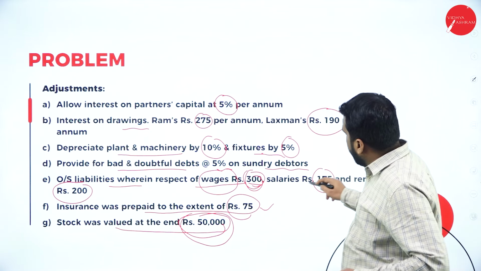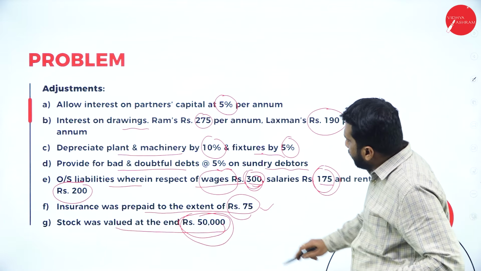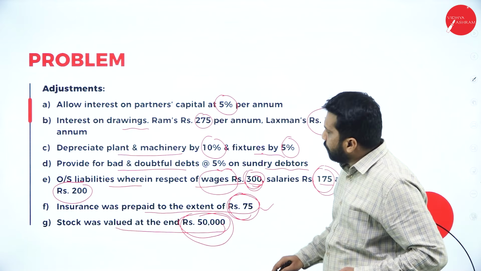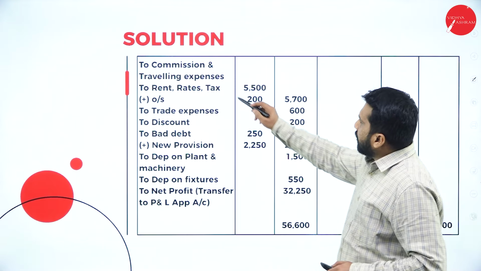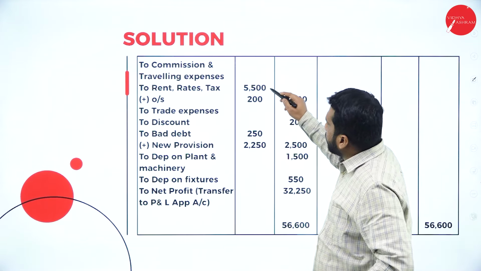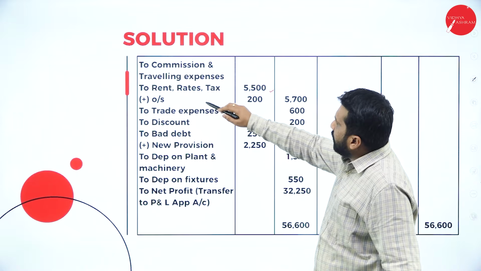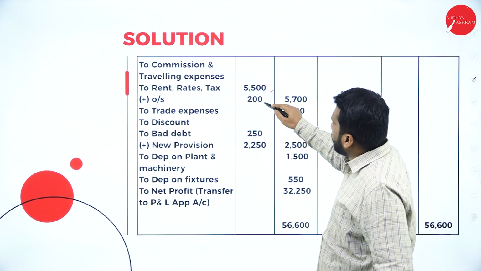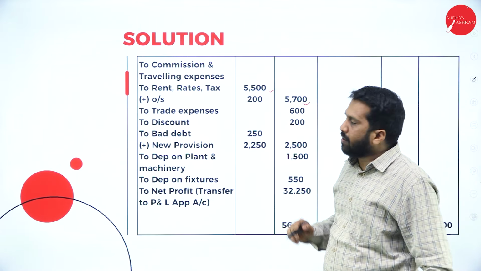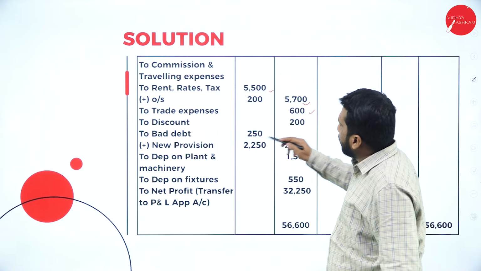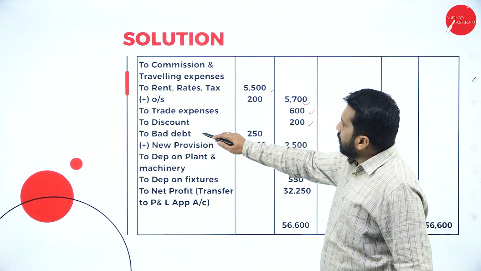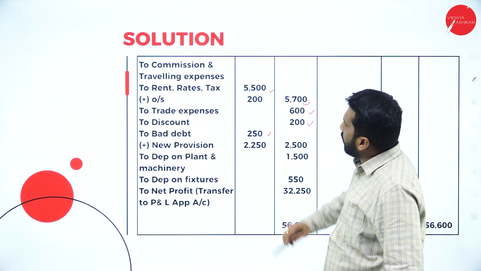See, outstanding salary 175, prepaid insurance is 75. These things only we consider. After that, commission and traveling expenses 5,500. Your rent and rates plus outstanding 5,700. Then your trade expenses 600. Discount 200. Then bad debts 250.